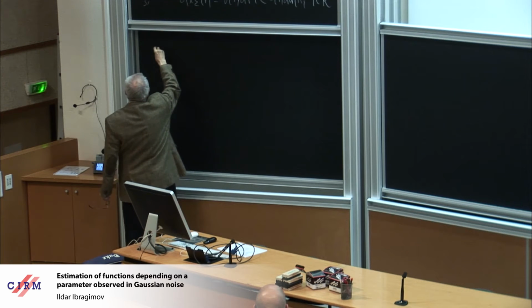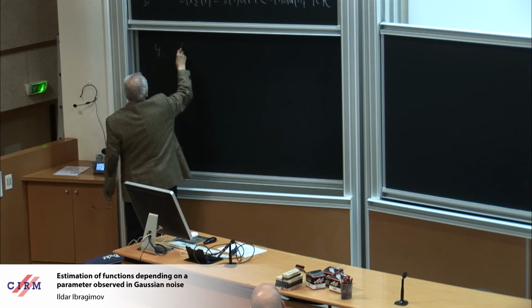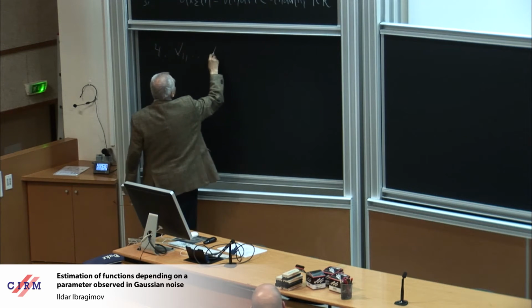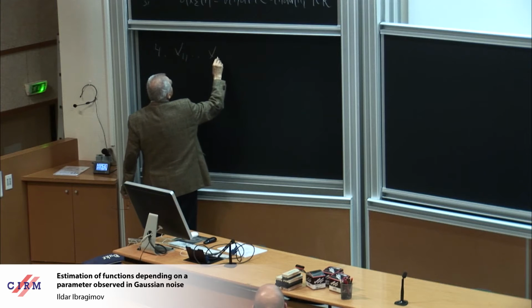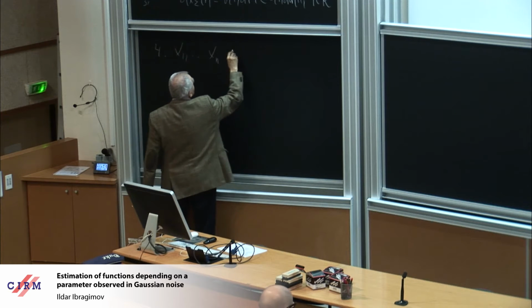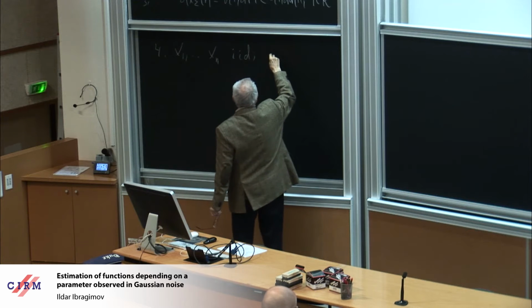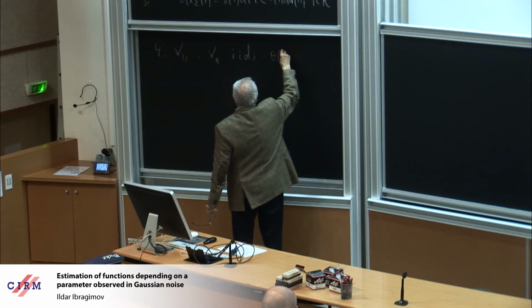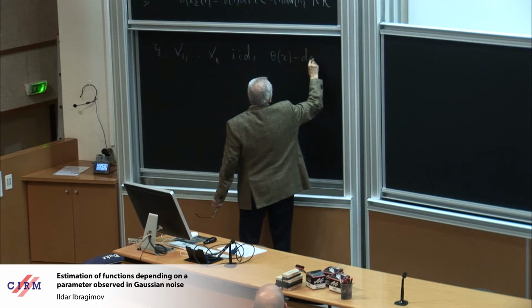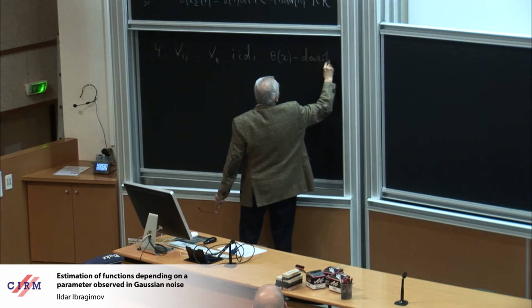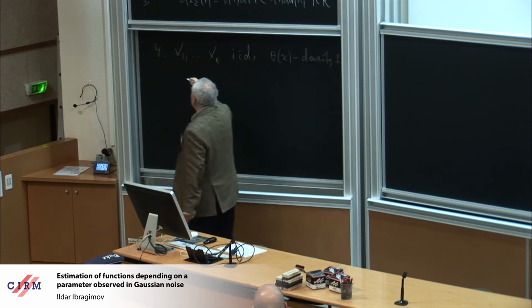And the fourth, just the classic scheme of IID observation. An unknown parameter theta, density function of x.